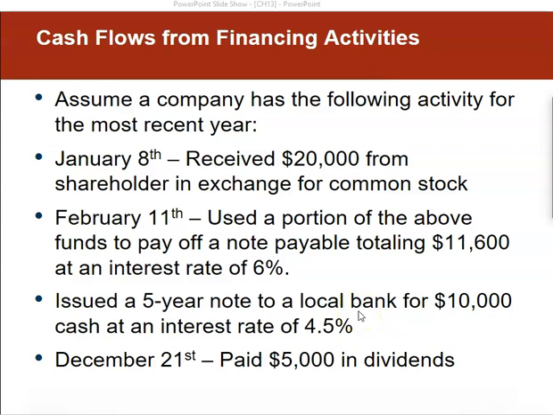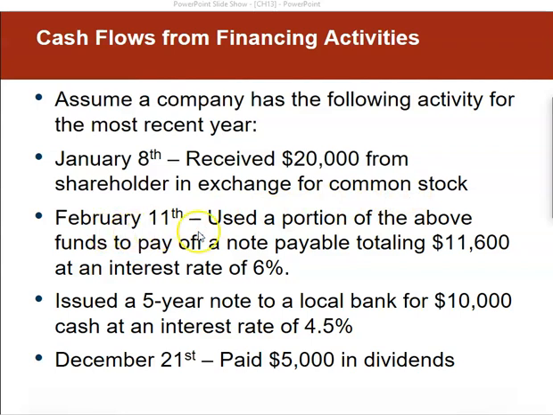All right, so it looks like we've got some activity here. It says, assume that a company has the following activity for the most recent year. January the 8th, received $20,000 from the shareholder, i.e. owner, in exchange for common stock. That just means ownership in the company, okay?